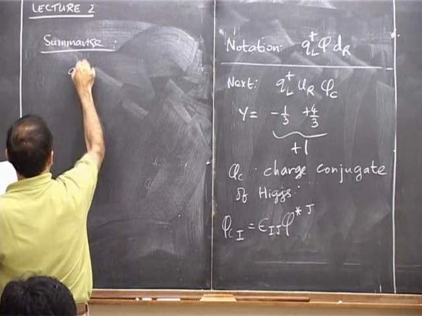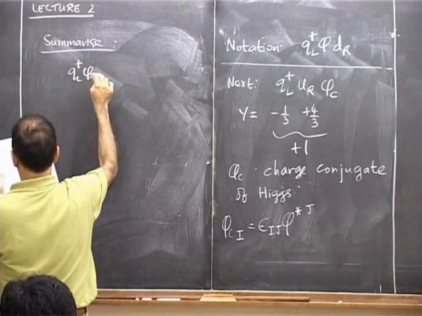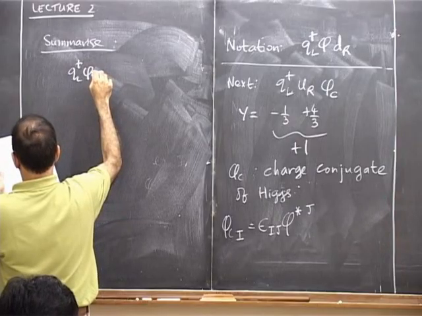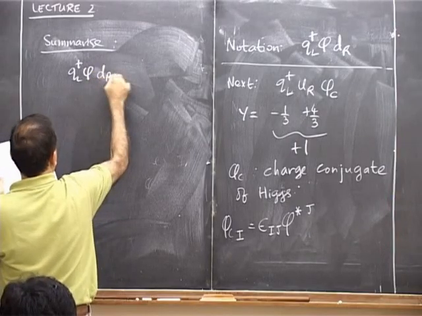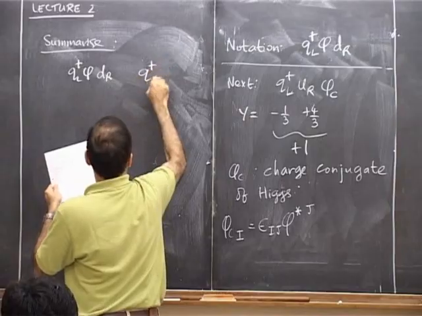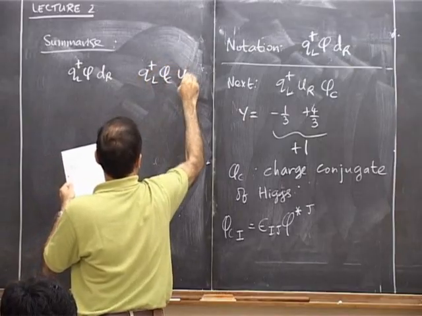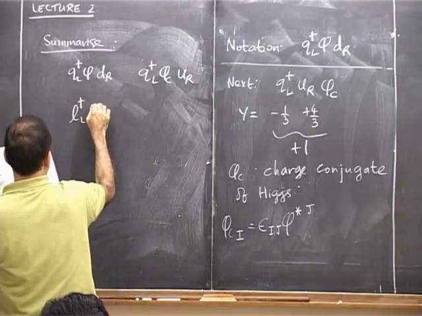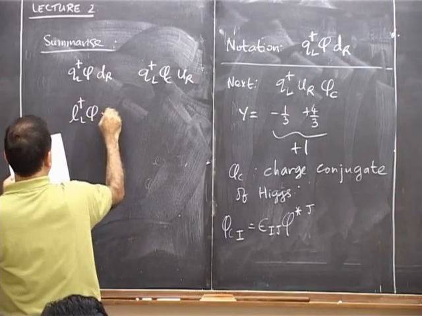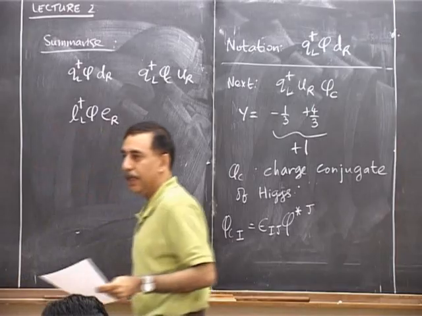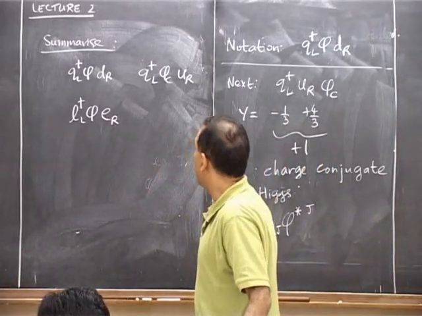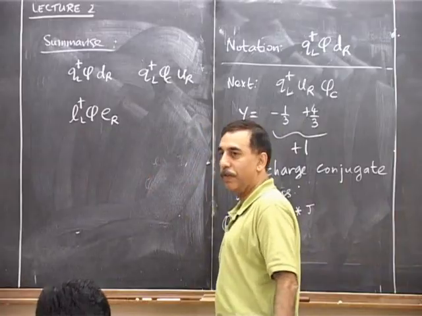The mass terms are Q dagger L phi d R, and Q dagger L phi conjugate d R, and then L dagger L, the left-handed electron doublet, and e R. So there are these three, ignoring the one responsible for neutrinos, and each of them should have an arbitrary coefficient.